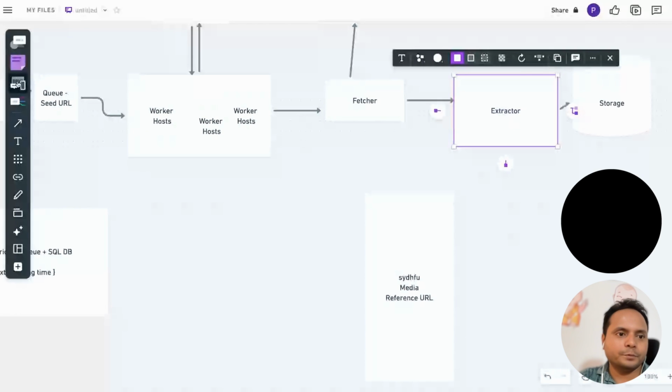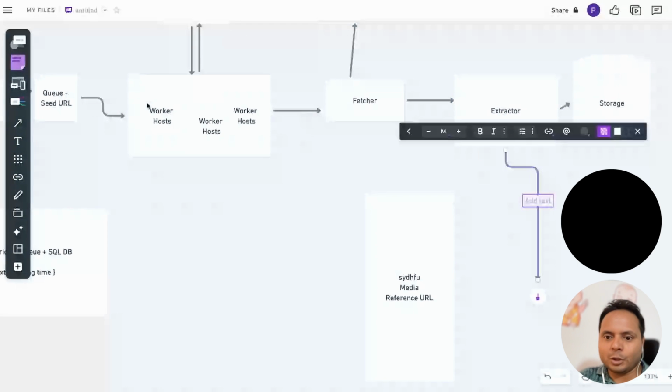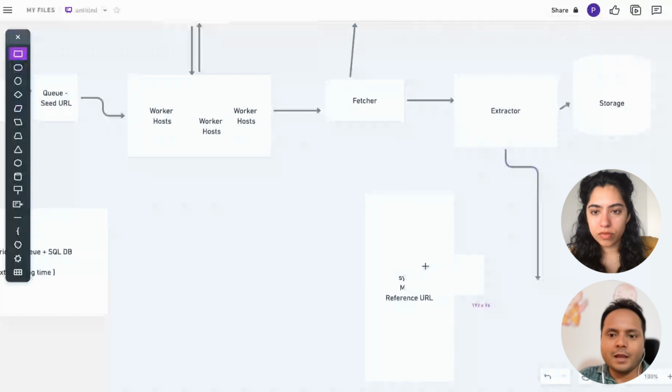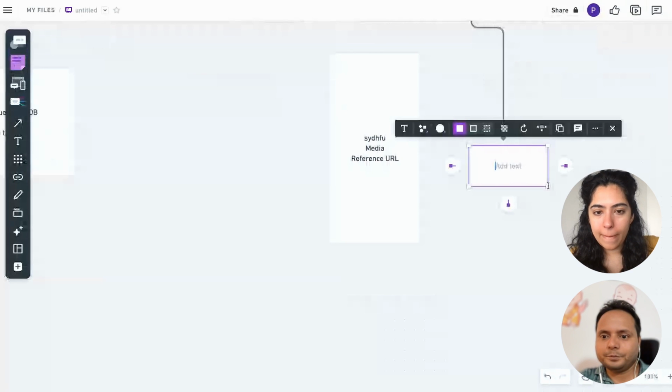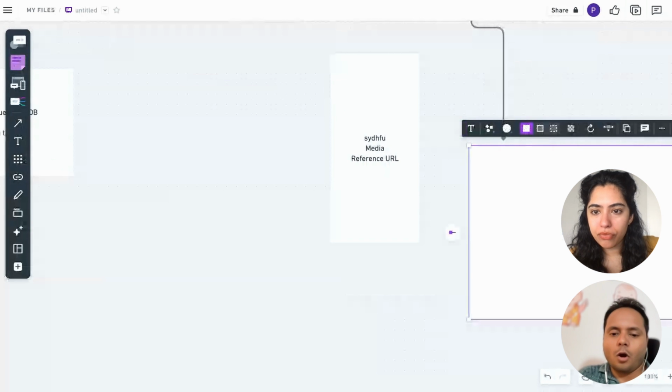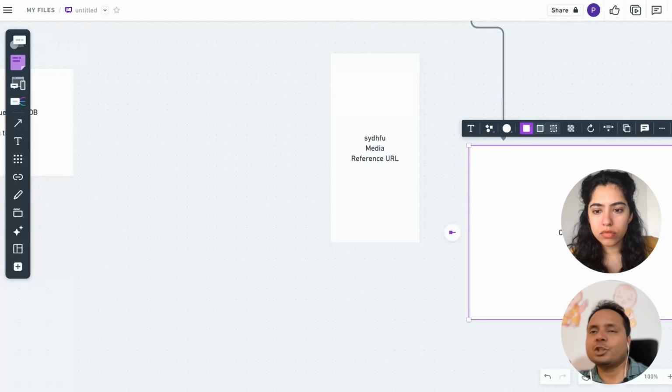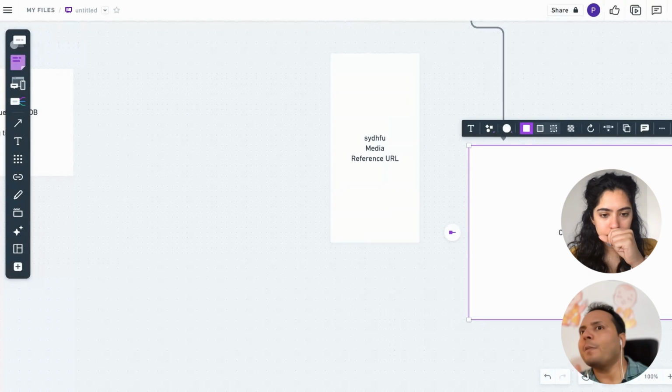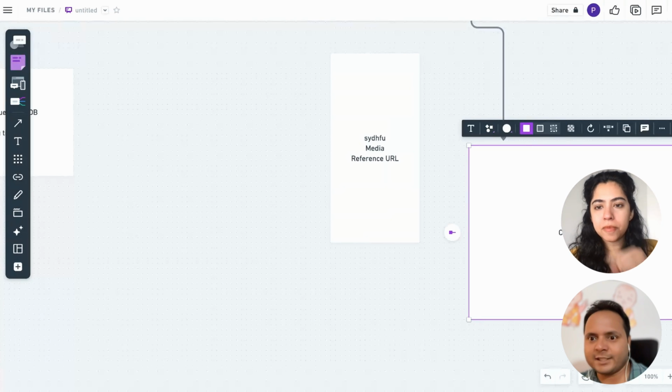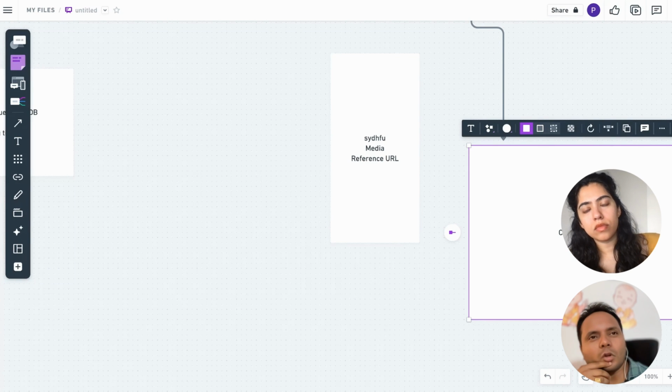So I would expand upon this extractor. I will zoom in on this extractor here, and we can implement some kind of checksum logic in this extractor, where each extracted web page has to pass through a certain checksum. Murmur is a popular algorithm for calculating checksums, and MD5 is also one of the popular ones.